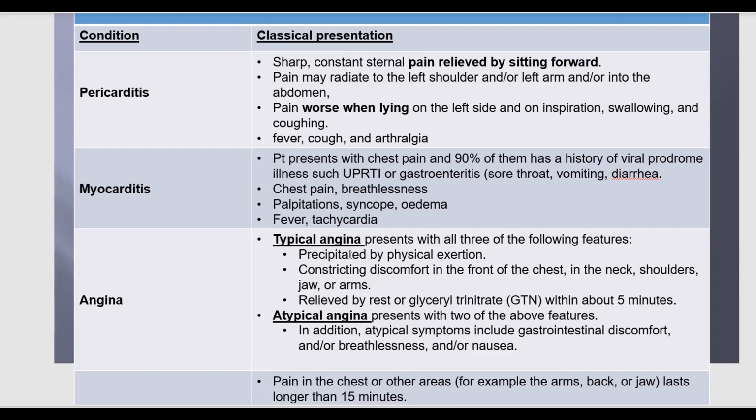You will give him what? This patient doesn't need admission. You can discharge him with GTN. Number two, you will give him a beta blocker, aspirin. Yes, we will start treatment, secondary prevention.